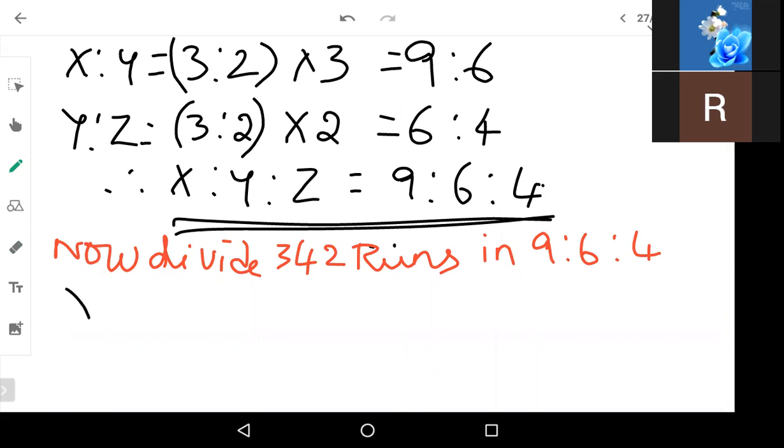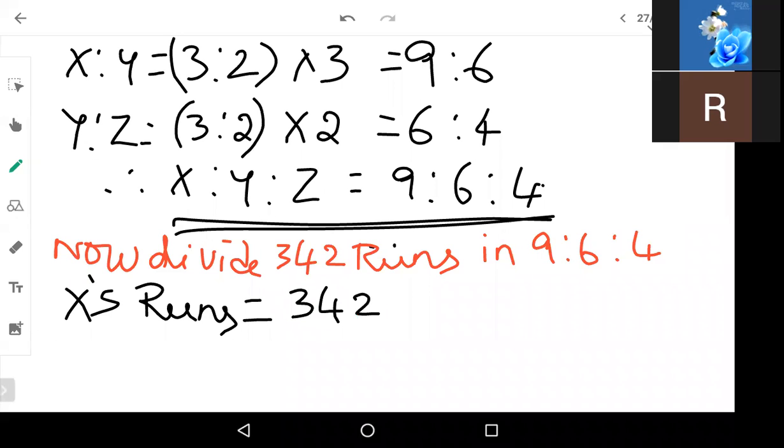Now X runs: 342 runs into X's ratio is 9 divided by the sum of the ratio. 9 plus 6 plus 4 is 19, right? So 9 by 19. Can you say how many runs you will get?